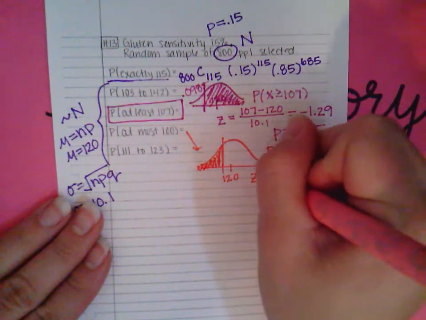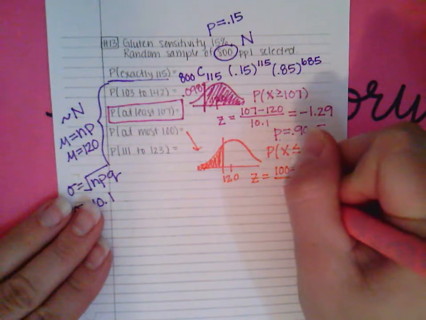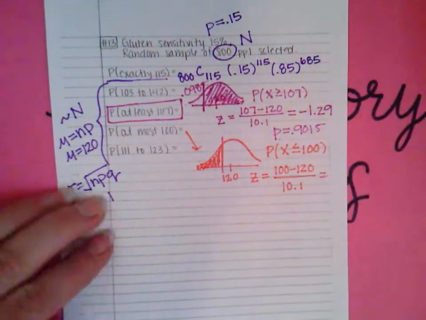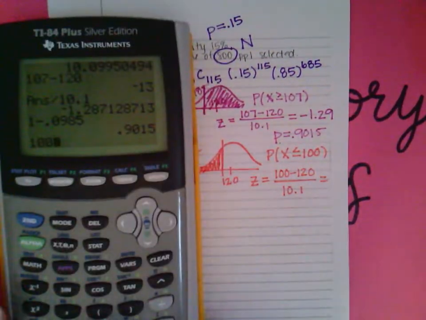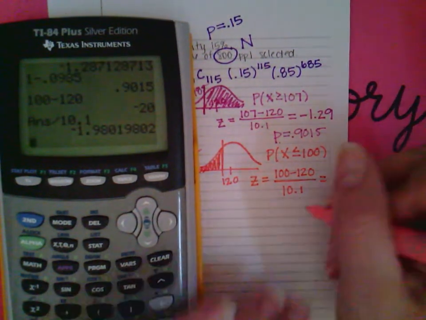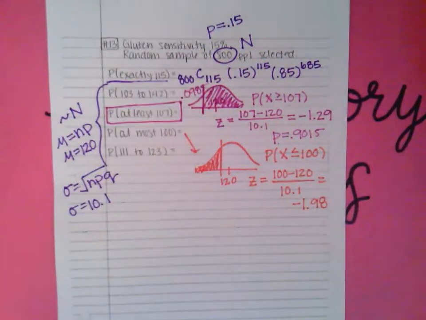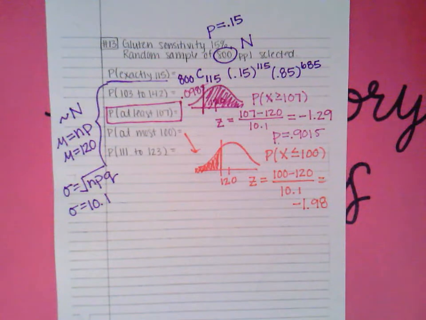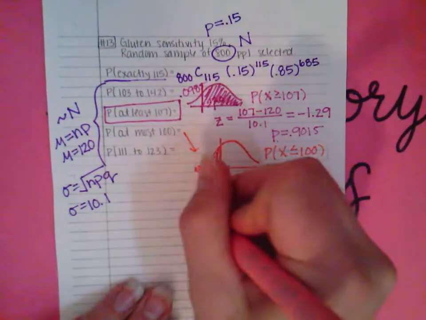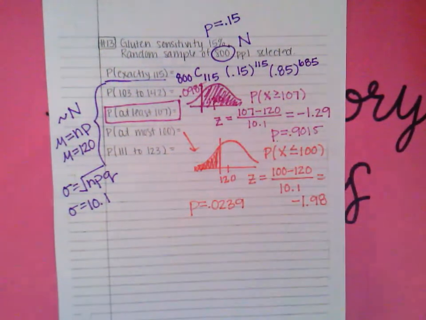So I'm going to find my z-score: 100 minus 120 divided by 10.1, and I get a z-score of negative 1.98. In this case, that is the side that I want, so when I look up negative 1.98 in my chart, it is 0.0239, so that probability is 0.0239.